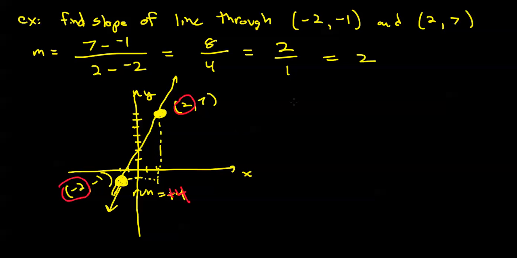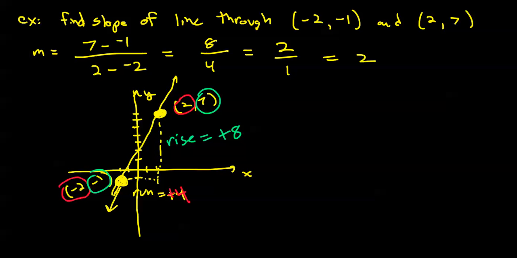Well, my rise, if I go from minus 1 to positive 7, well, you can see you're traveling 8 units in a positive or up direction, so my rise is going to be positive 8. Again, the convention is if you're traveling up, your rise is positive.